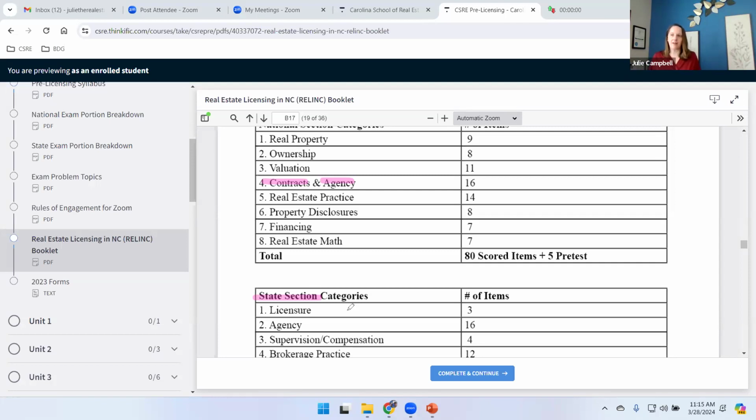So after this class, we have to take post-licensing. Yes, once you get your license, there are 90 hours of post-licensing. So is everybody good? Do I have everybody on board? How many of you looked ahead at Unit 7, started looking ahead at Unit 7? I hope to see a whole bunch of hands go up.